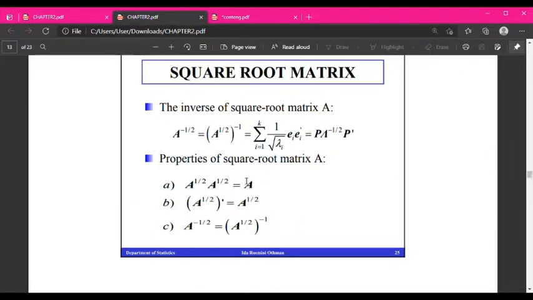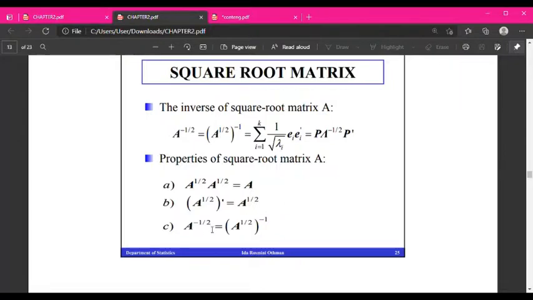And then this is the properties of the square root matrix. If we multiply 2 of the square root matrix, kita akan dapat balik that matrix A. Okay, kalau transpose kan, transpose of the square root matrix sama juga. Dia akan dapat jawapan yang sama, iaitu square root matrix. Okay, and then we can do this untuk dapatkan inverse of the square root matrix.